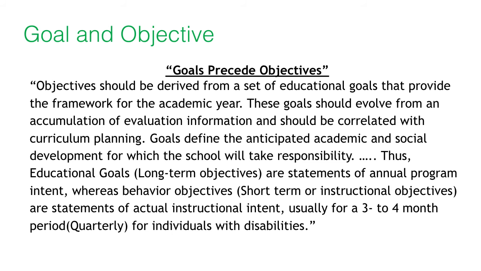Thus, educational goals, which are long-term objectives, are statements of annual program intent, whereas behavior objectives, short-term or instructional objectives, are statements of actual instructional intent, usually for a 3 to 4 month period, quarterly, for individuals with disabilities.